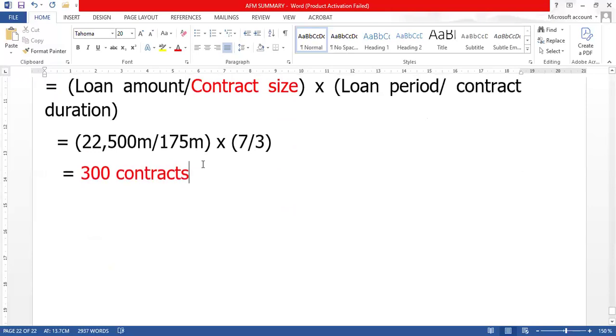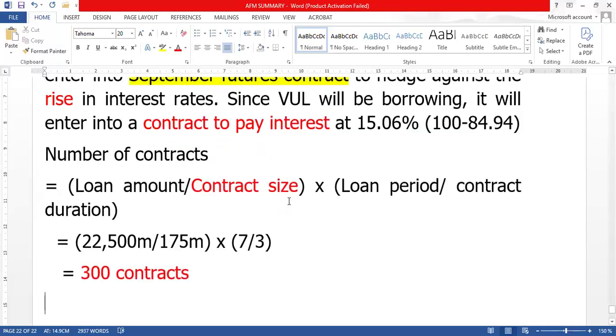After getting the number of contracts, what is the next step? Before we move on, take note that you only add this loan period over contract duration if you're dealing with interest rate. If you're dealing with currency, don't add loan period over contract duration. You just divide the amount to be hedged by the contract size.